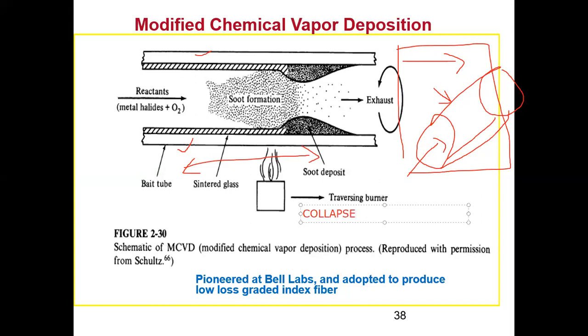This word should be there. ये जो tube है, अंदर formation हो रहा है. Okay, and then when I bring it in this furnace, I heat it. This tube collapses. Tube collapse हो जाने के बाद क्या रहता है? It forms a solid structure, and then that structure, once it is made, I again bring it out of this particular chamber, and then I give it to the drawing tower.